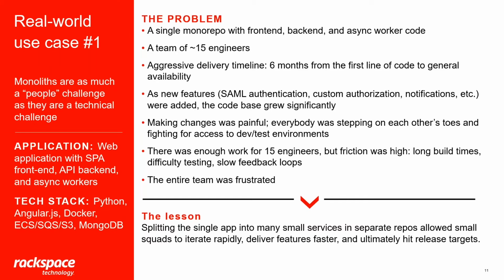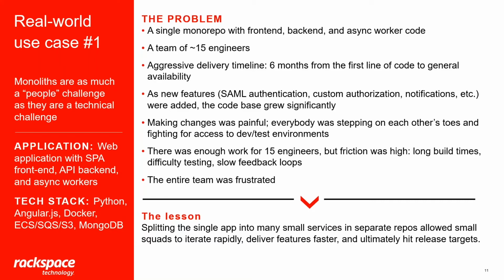The problem was that collaboration was a pain, it wasn't moving forward, and every single change they tried to make was a problem. Breaking the application down into services, and hosting these services in single repos, which seems like common sense to many people, didn't come as common sense to this customer.